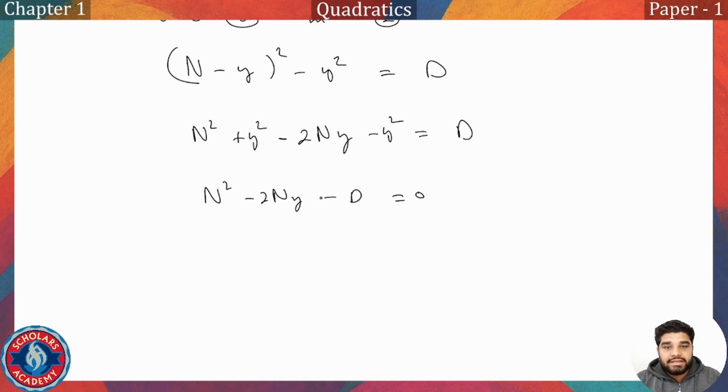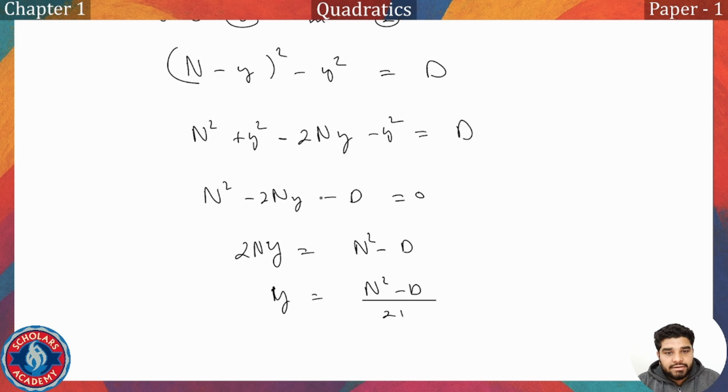So I need to find the value of y. So I'll take everything to the right hand side. I can write it as 2ny is equal to n square minus d, and y is equal to (n square minus d) by 2n, right?